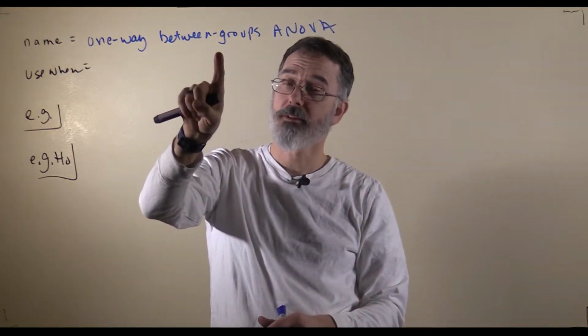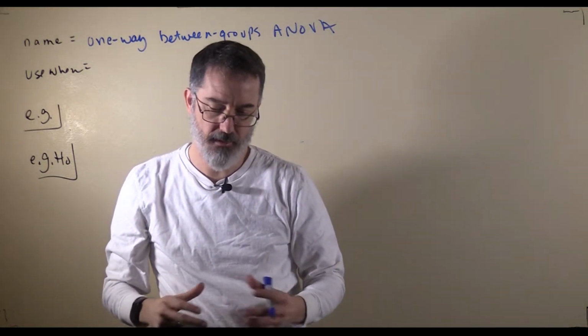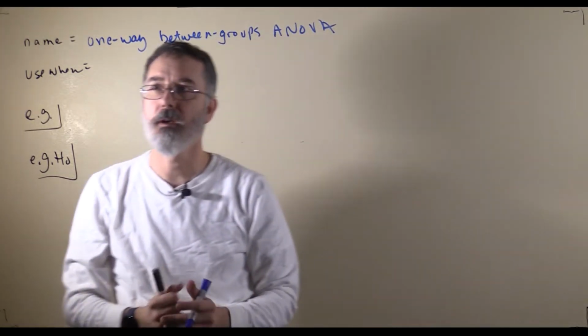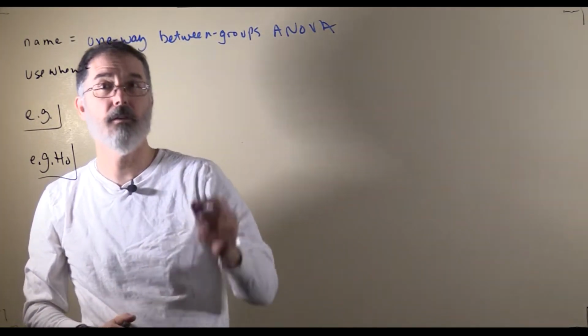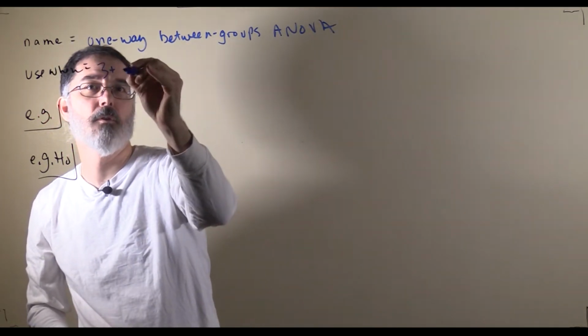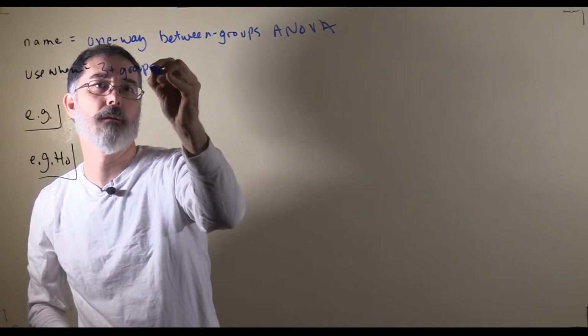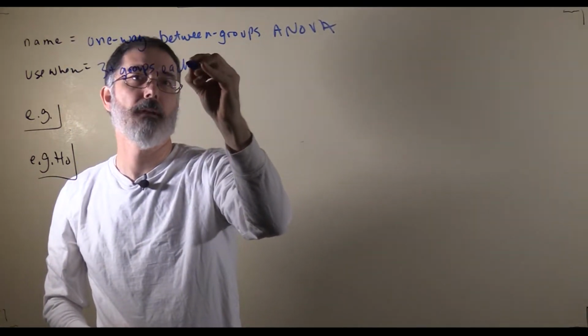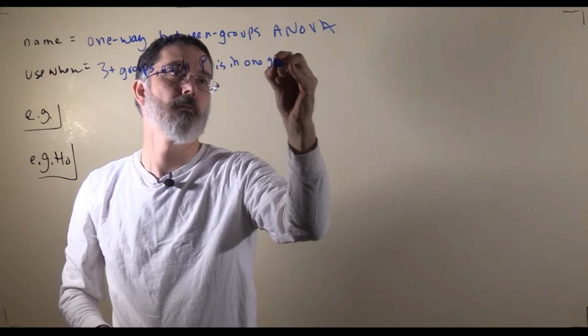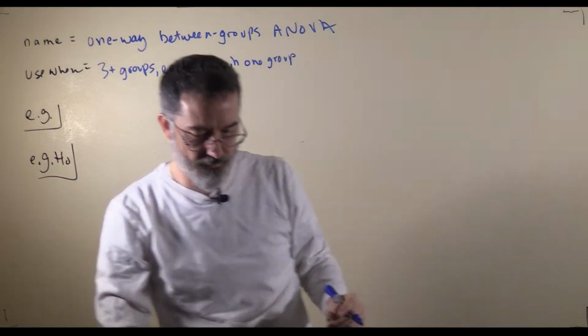And between groups just means that each person in your data set is in only one group. So you use a one-way between groups ANOVA when you have three or more groups. Each participant is in one group, not in all the groups.